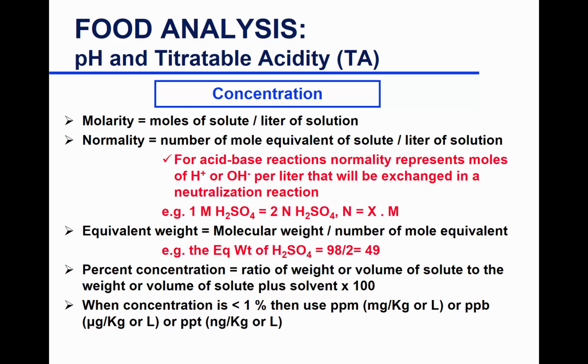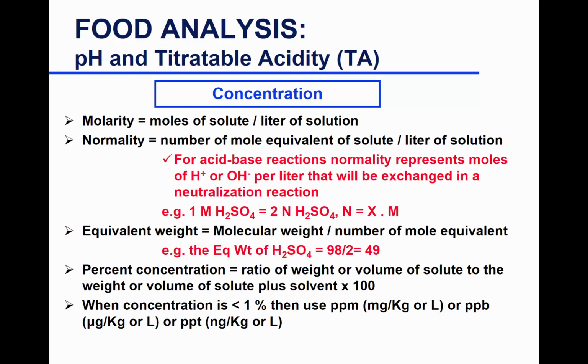It's important when we learn how we calculate titratable acidity. We are going to use equivalent weight because, like I said, calculating total acidity when you have citric acid would be different from when you have malic acid, for example. Citric acid has 3 carboxyls, malic acid has 2 carboxyls.